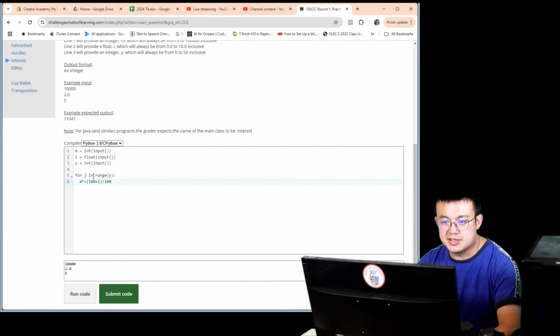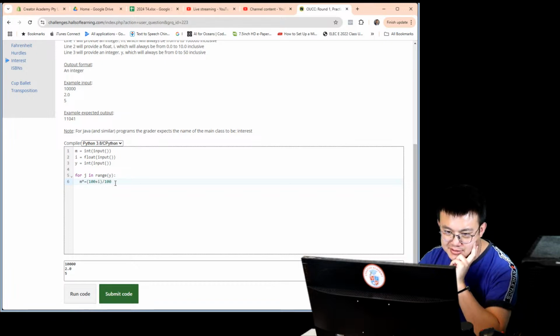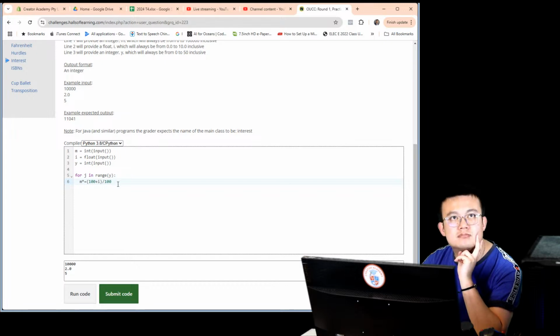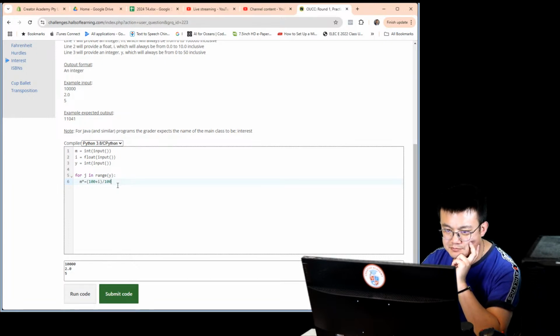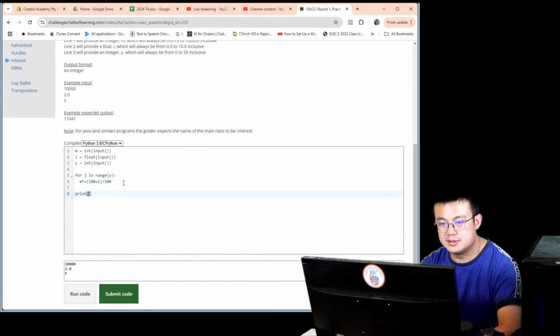So it's 100 plus I, so it's 100% plus I, which is like 2%, right? Divide that by 100. Yes, that's correct. For J in range, right? And then multiply, and then print M, I believe.